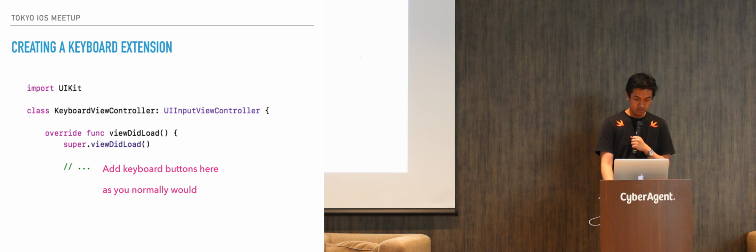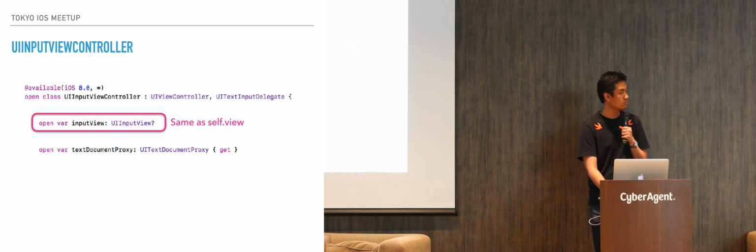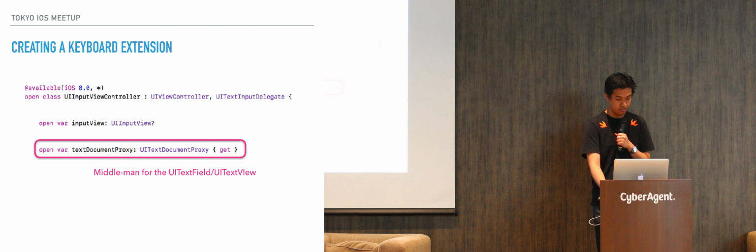So if you look inside the UIInputViewController header, you'll see a few properties relating to input: UITextInput, like the input view, but this is actually just the view controller's view, and the text document proxy, which is the middleman for the UITextView or whatever input view your keyboard is working on.